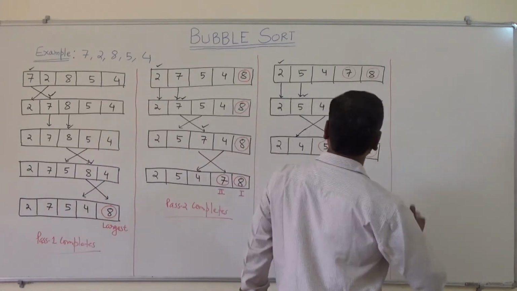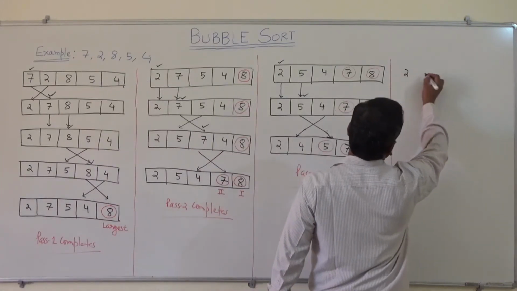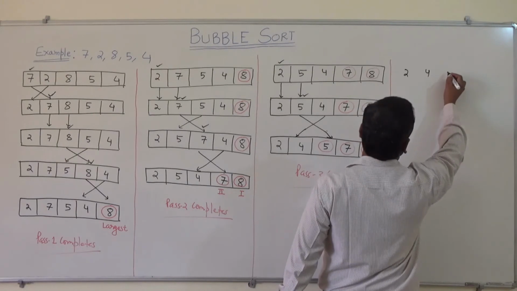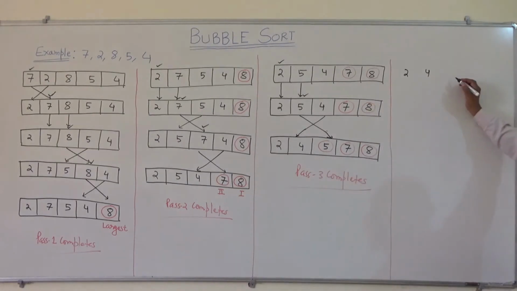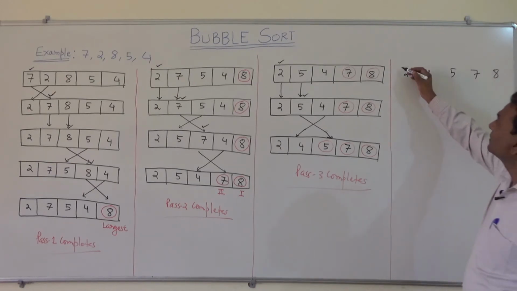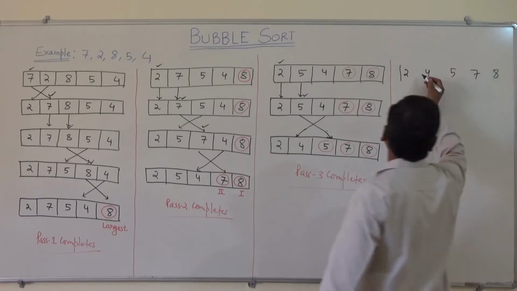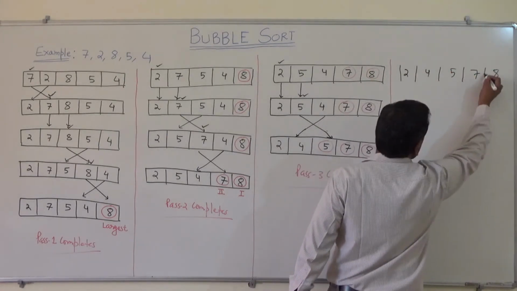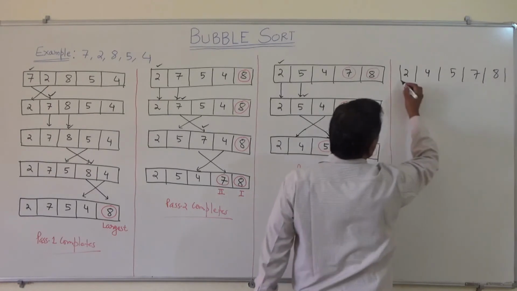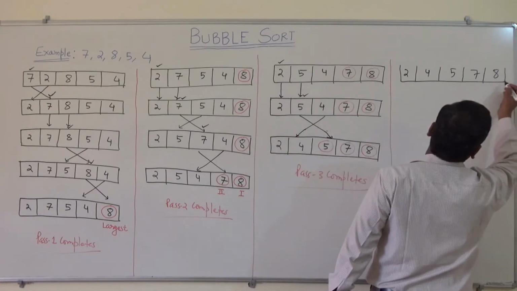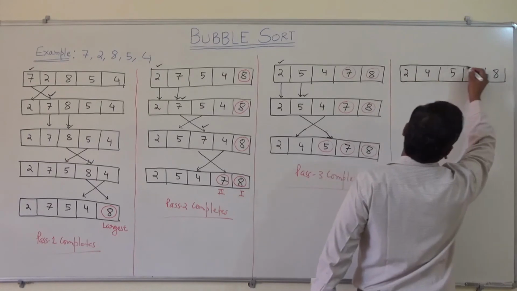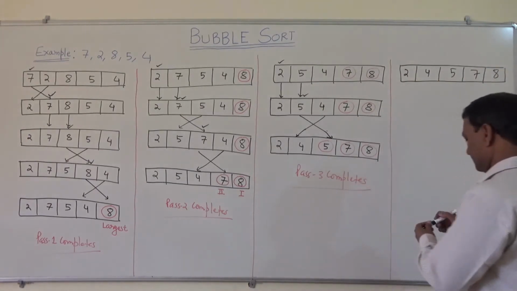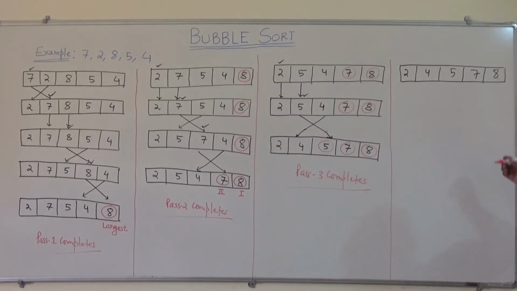In pass 4, this is 2, this is 4, 5, 7, and then 8. So these 3 elements are already sorted.